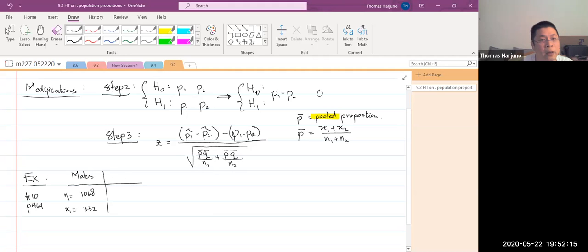While for females, n2 is 1220, and x2 is 420. I can put a lot of possible stories here though.